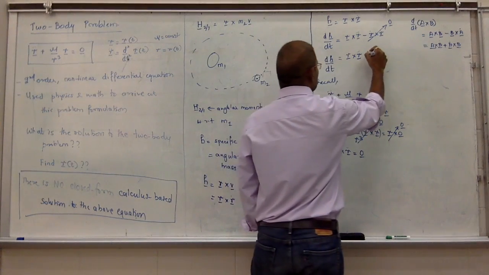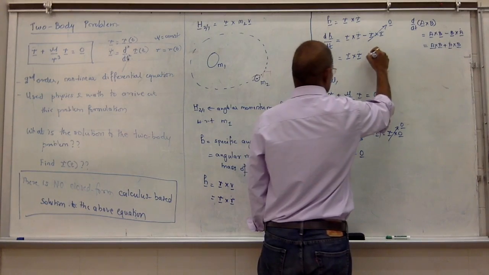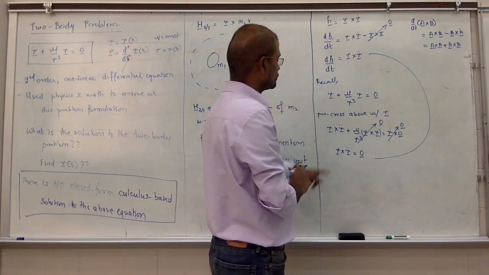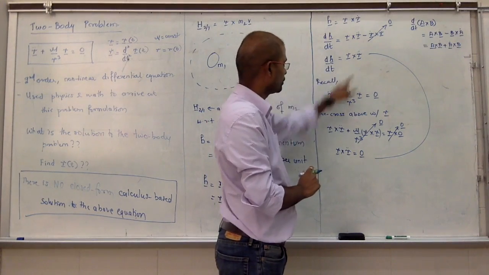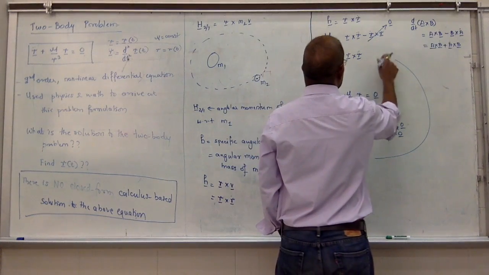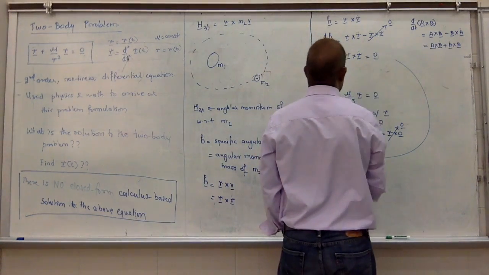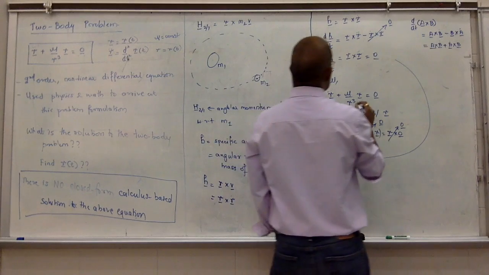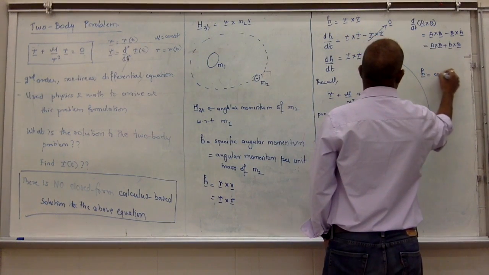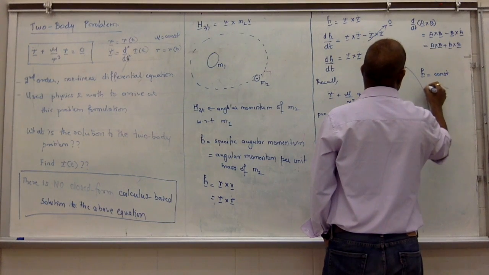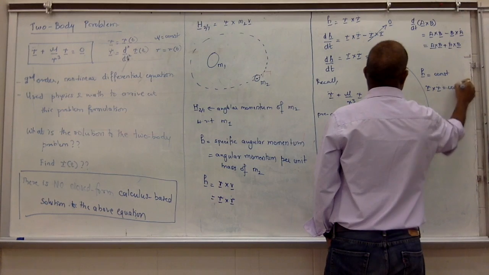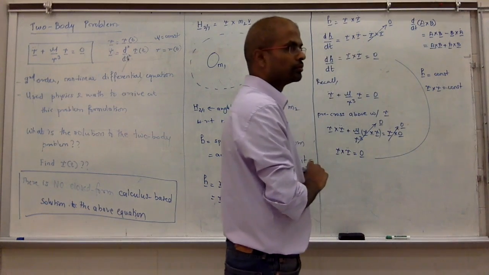Now compare these two. Are these two the same? R cross with R double dot is equal to 0, so we can say dH over dt is equal to 0, which means H is a constant, or R cross with R dot is a constant.